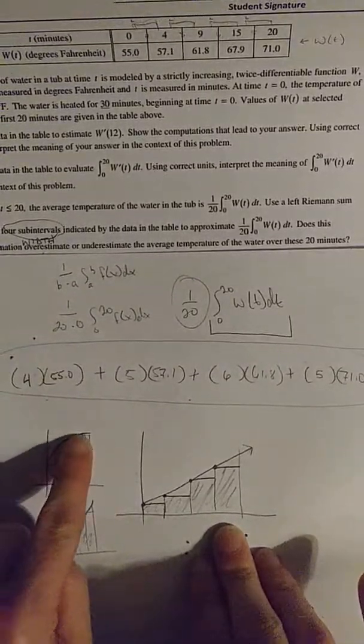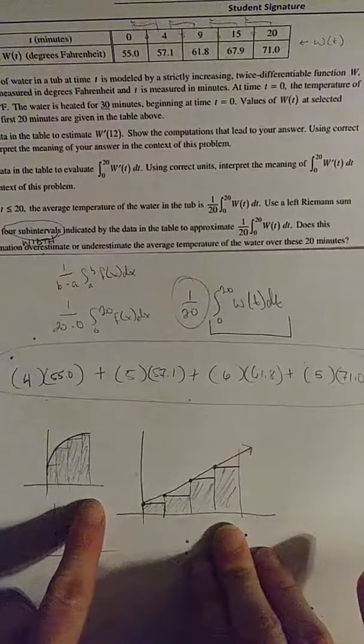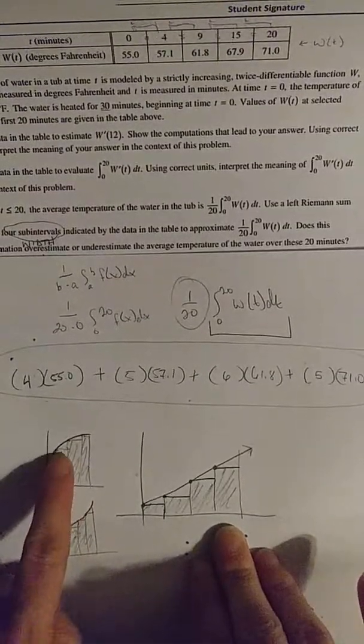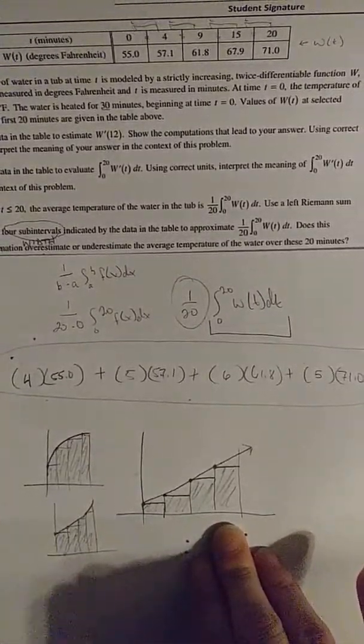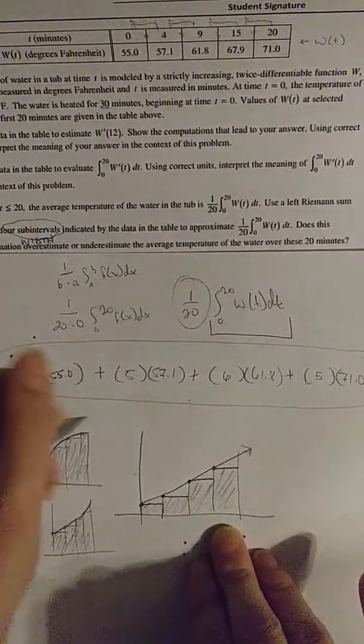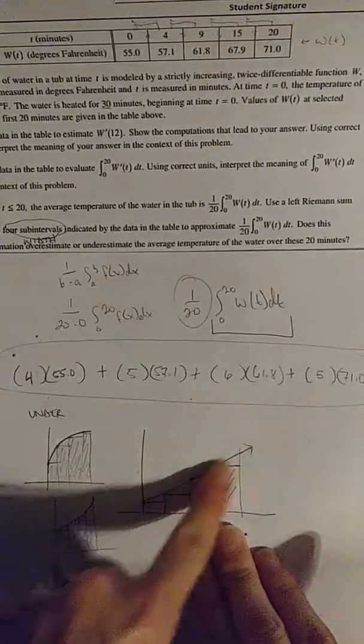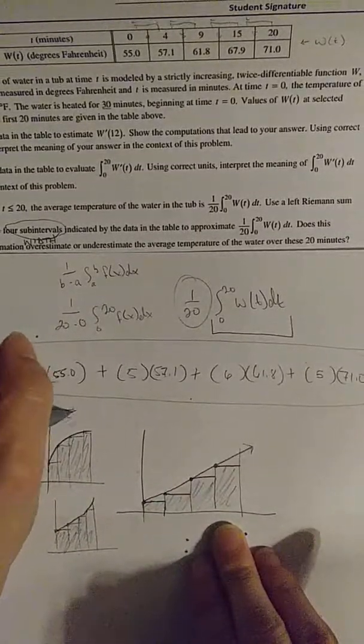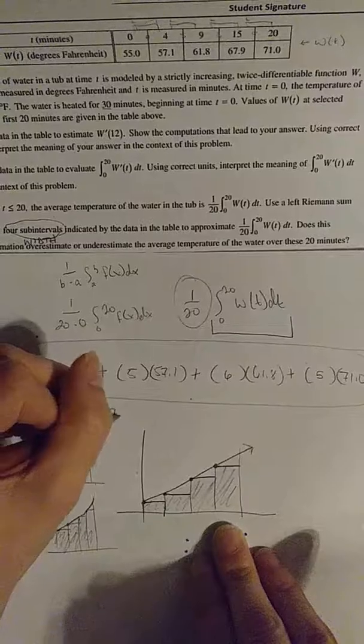As long as your curve is increasing, going uphill, and as long as you're using left-hand Riemann sums, you will always be underestimating, because we have estimated under the actual total area. So under estimate.